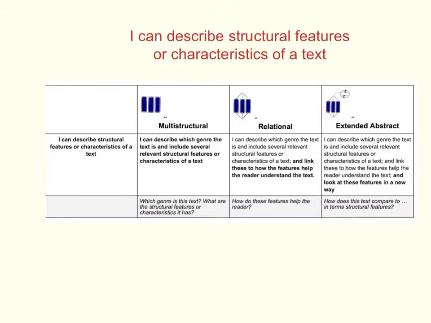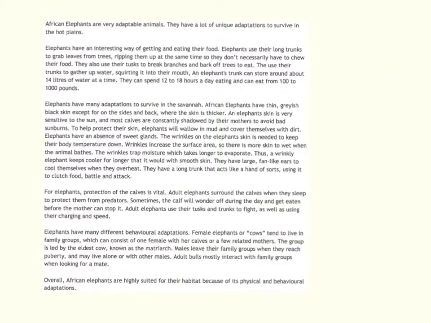So let's look at some of the structural features and characteristics of an information report. Now you have the information report here on African elephants that we read. And we have a number of things that we can point to as being part of making it.